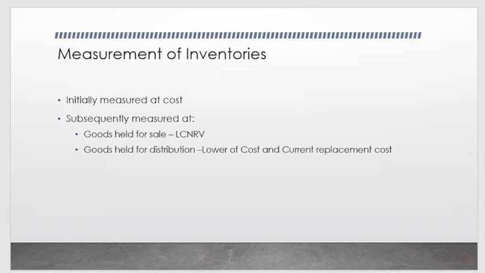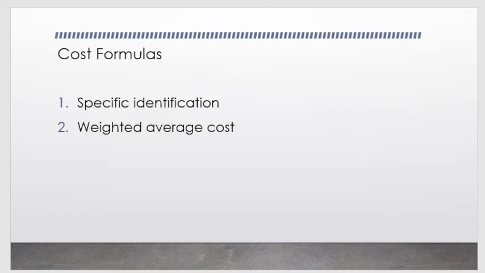Pero in practice, hindi naman na nangyayari yung subsequent measurement, but in theory, this is what is prescribed. In practice, kung magkano mo na yan in-measure at initially, yun na ang nagiging booking yan all throughout the life of that inventory. Okay, let's proceed with the cost formulas.